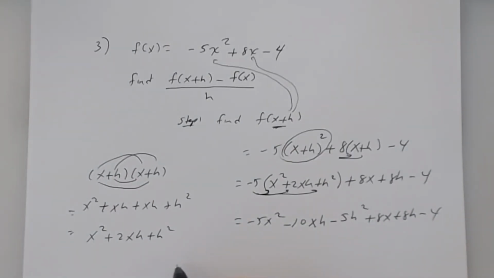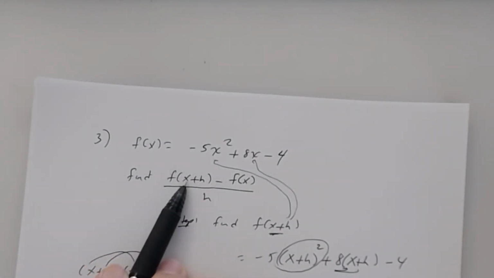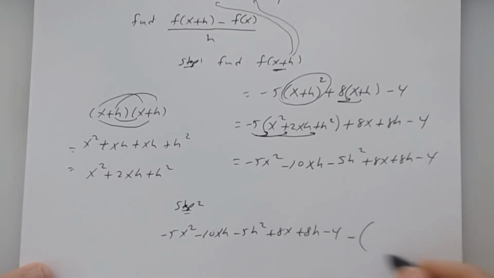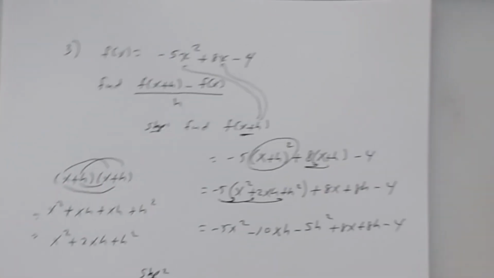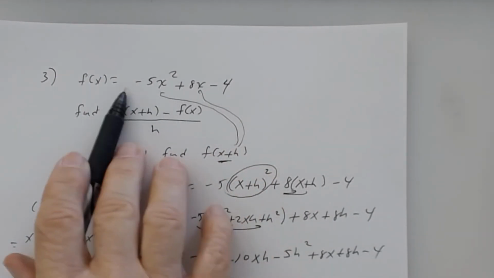So that's step 2. So step 2 is to take what you just found, which is this part here. So that's all of this. -5x squared minus 10xh minus 5h squared plus 8x plus 8h minus 4. You're going to subtract, and what will I subtract now? F of x. And f of x is this right here.